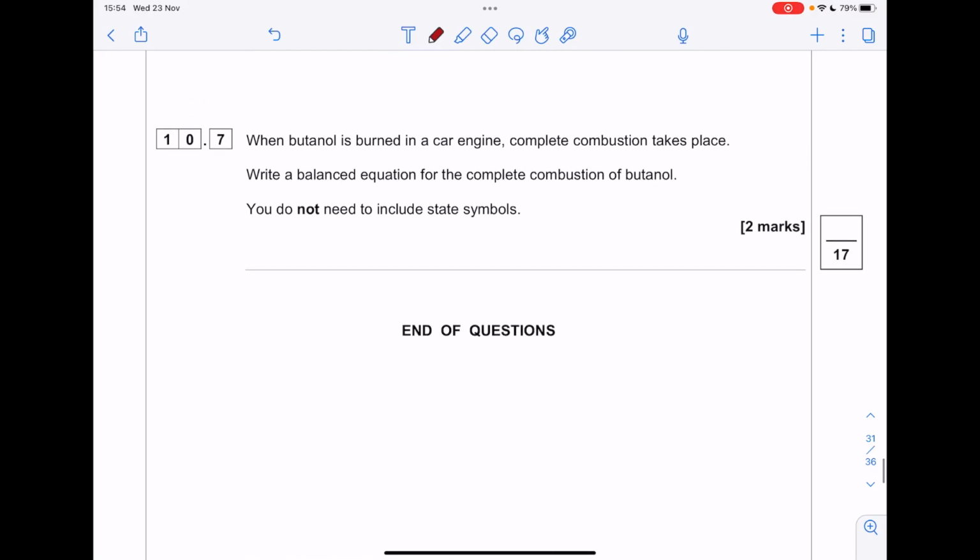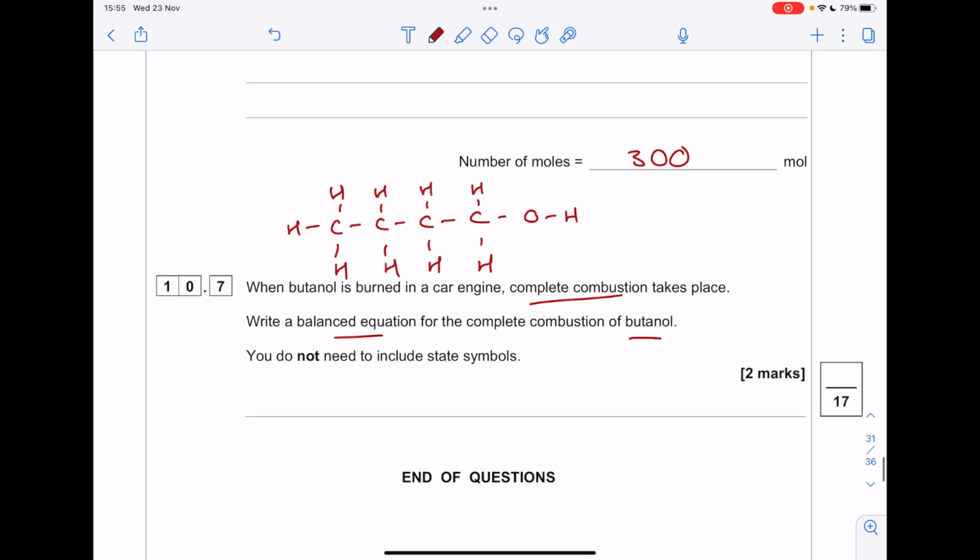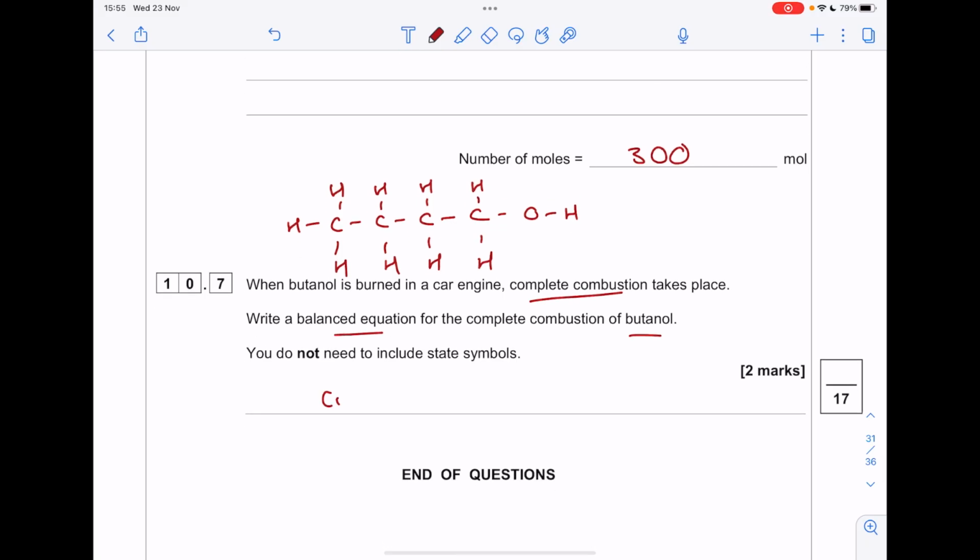When butanol is burned in a car engine, complete combustion takes place. Write a balanced equation for the complete combustion of butanol. Remember, butanol looks like this. So let's write its molecular formula. So that's C4H9OH.